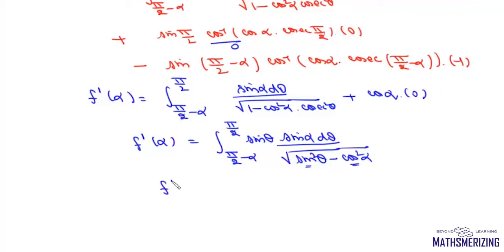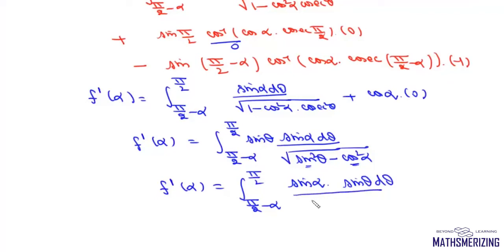So we can change this integral as f′(α) equals the integral from π/2 − α to π/2 of sin α sin θ dθ under root of sin² α − cos² θ.